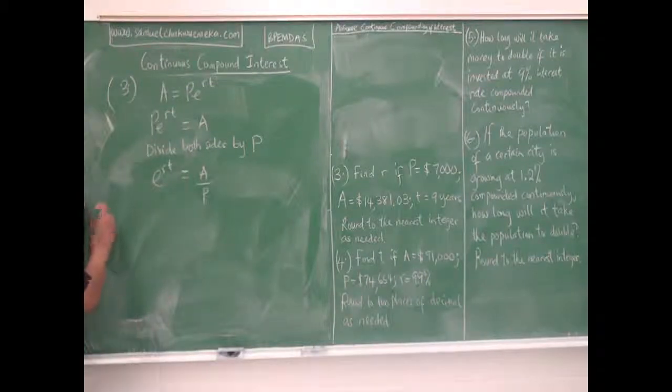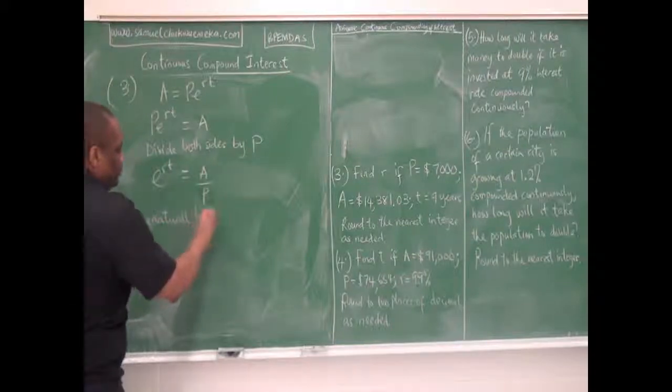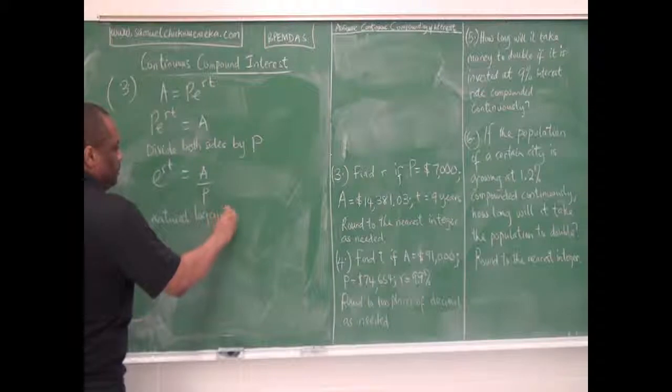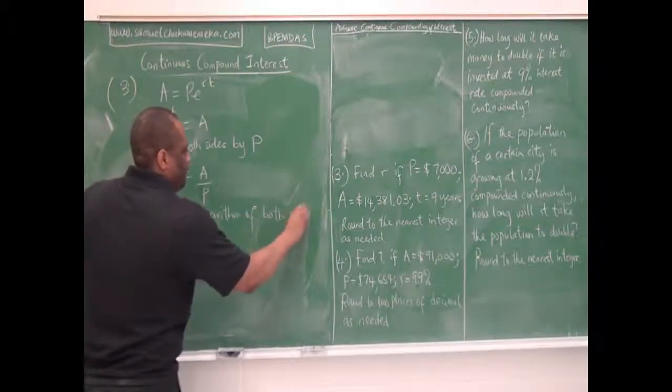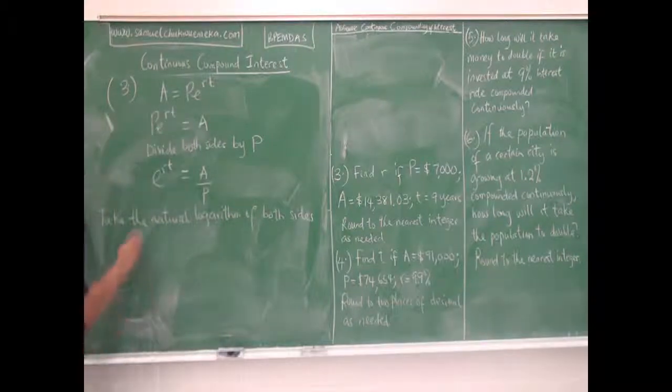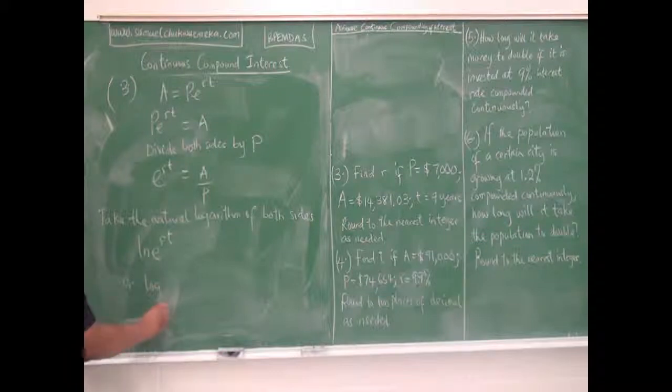Take the natural logarithm of both sides. So we now see that ln, that natural logarithm is the ln I told you about, ln ERT. It can also be written as log base E of ERT.